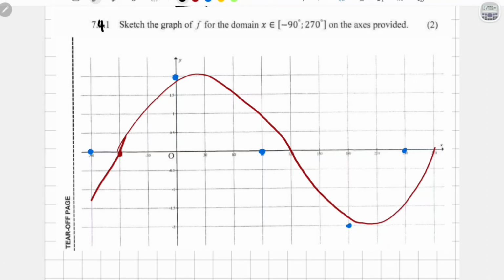So like this, you can just remember whatever was the original y value at negative 90 degrees, that y value is now going to appear 30 degrees to the right, which now happens at negative 60 degrees. And whatever was your original y value for something like 0 degrees, that answer is going to appear at 30 degrees.